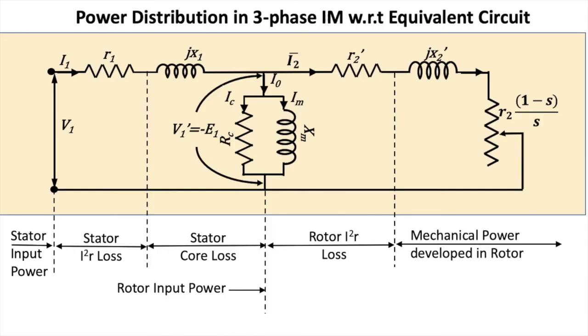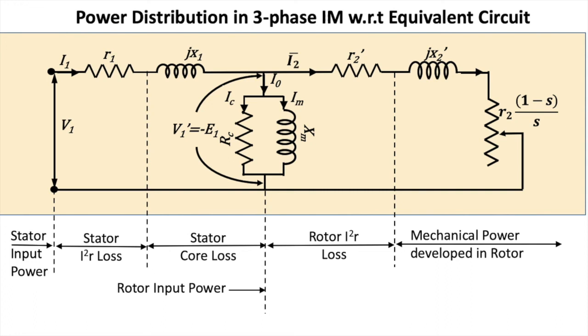Now, as per the equivalent circuit, we have done the power distribution or the power flow in the induction motor. Over here from V1 the stator input is given. After the stator input is given, first comes the resistance of the stator, where the stator I square R loss takes place. Then between the leakage reactance and the magnetizing reactance, the stator core loss takes place.